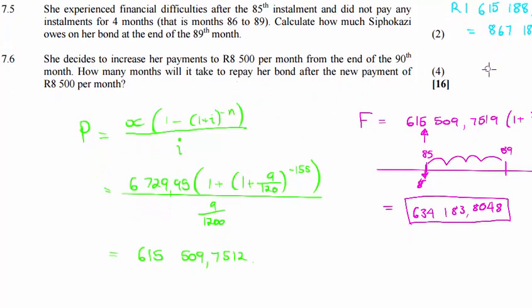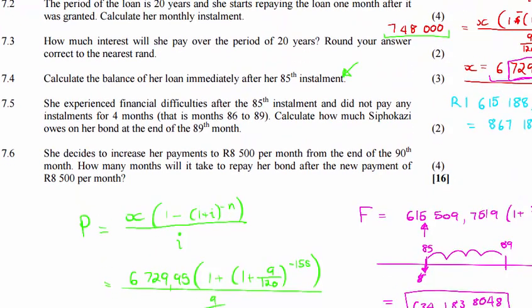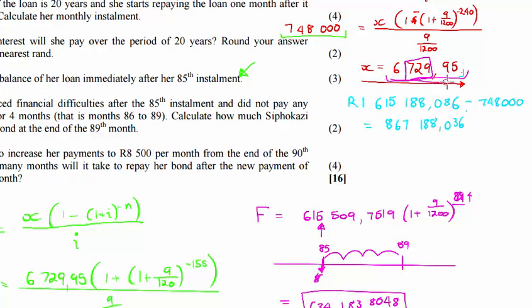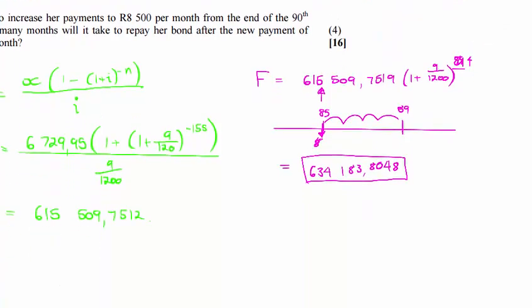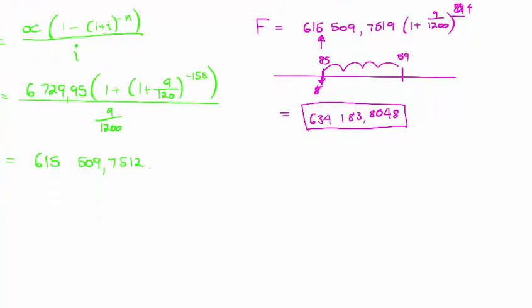We don't know, but she used to pay this much, and now she's going to increase it to 8,500. It doesn't change the amount she still owes, but it does change how quickly she will pay it off. Because she's now paying more at a time, she can pay it off quicker. So which formula will we use?